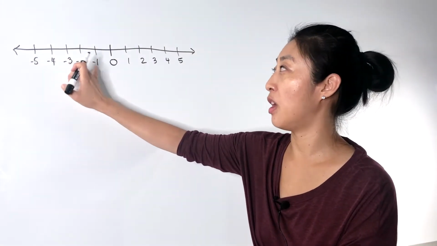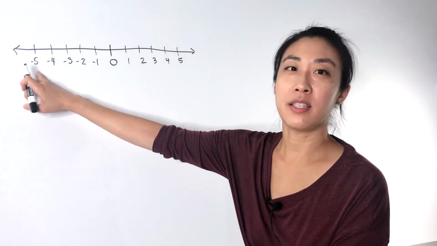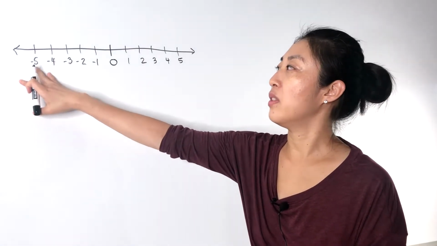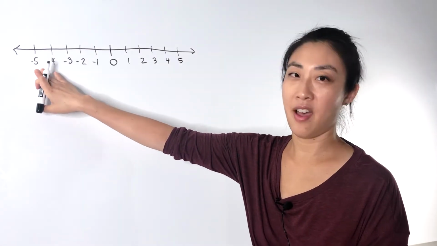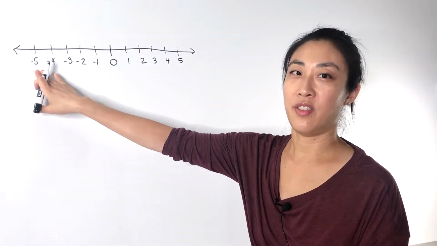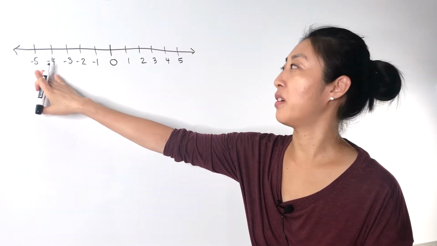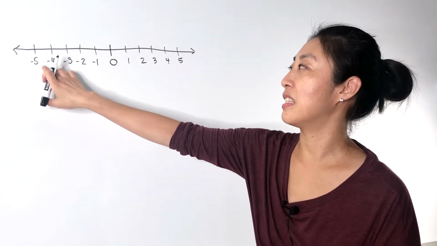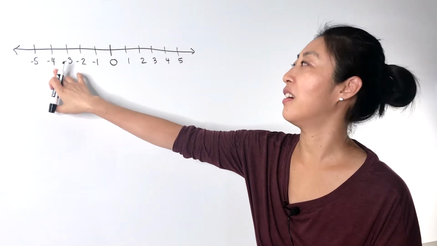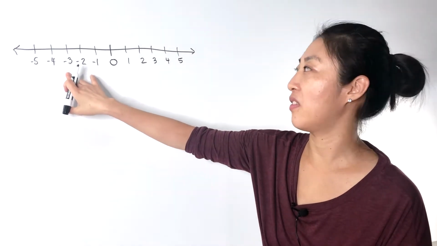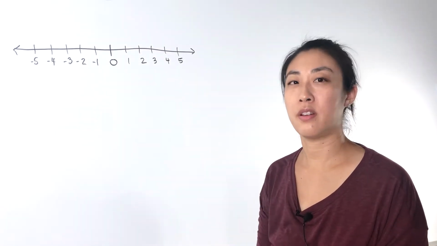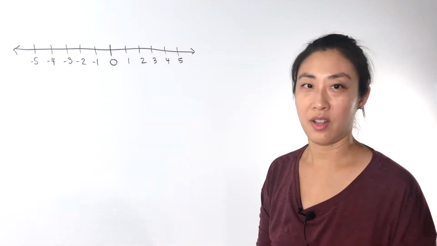Like the actual number. But because it's a negative number, even though the number itself is big, like 5, the value of it gets smaller. So -5 is less than -4. -4 is less than -3. I just want you to keep a note of that before we start adding positive and negative numbers.